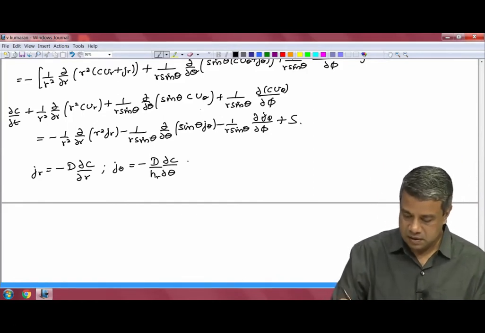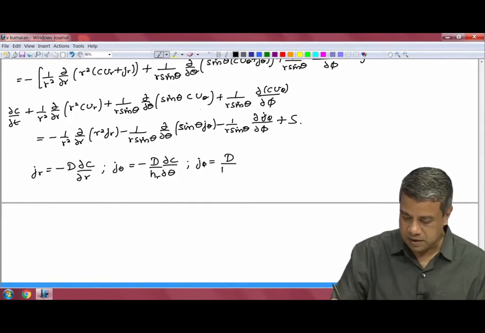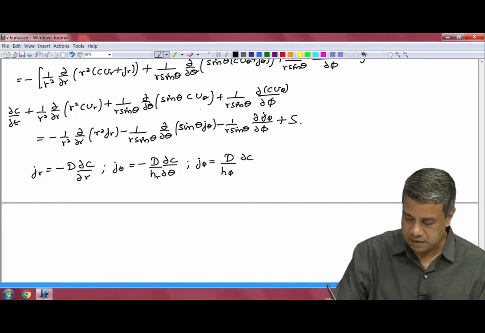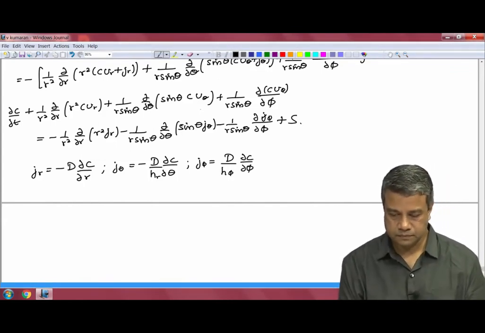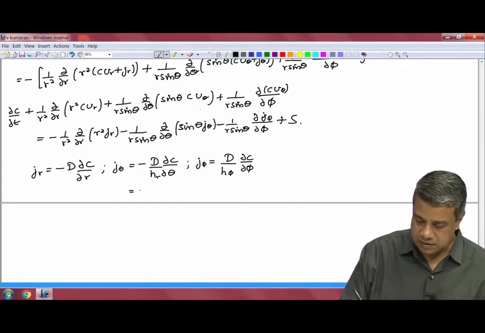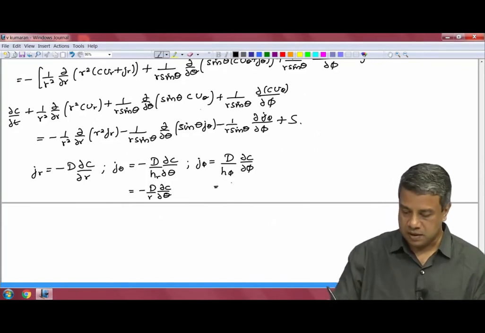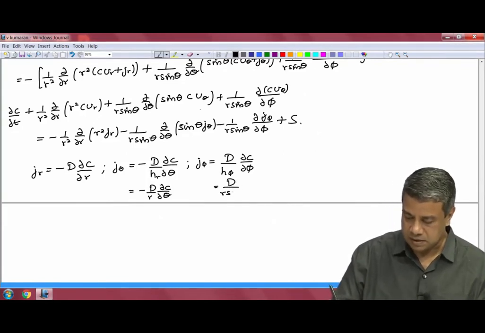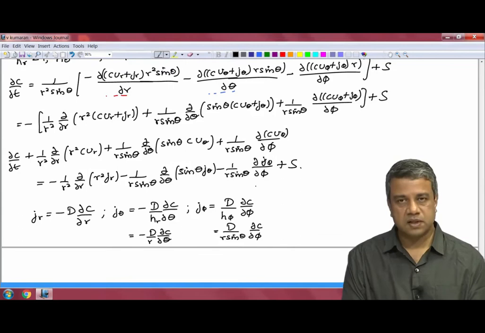Similarly, in the phi direction, the distance moved is h phi delta phi. Or I can write this as minus d by r partial c by partial theta, because h r is equal to r, and this is d by r sin theta. So, those are the increments.